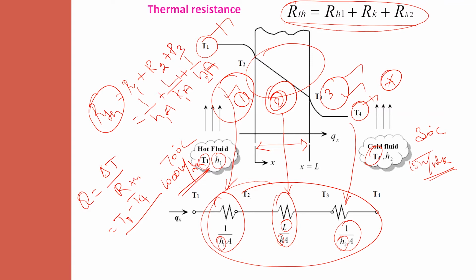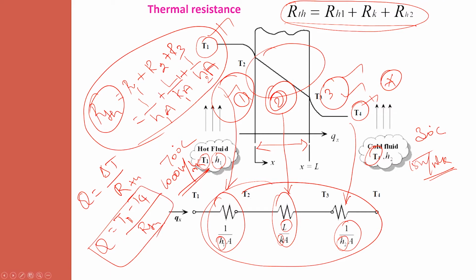After finding the RTH value using this concept, we can finally find the amount of heat transferred in this one-dimensional steady state plane wall with conduction as well as convection.